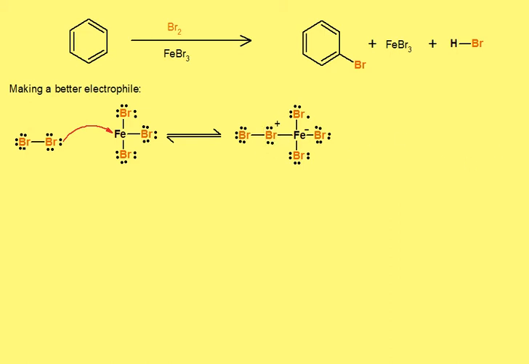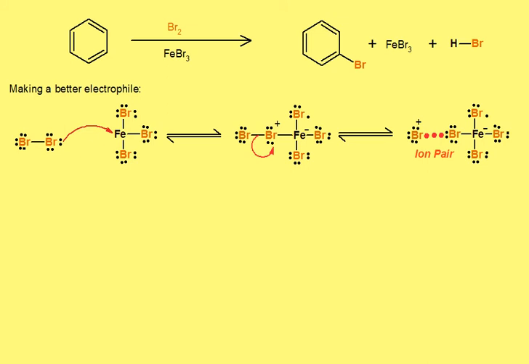Bromine being more electronegative, it doesn't like that, so it can break that next door neighbor bromine to bromine bond, taking the electrons, and we finish up with this ion pair between the bromonium ion that's formed and the iron tetrabromide anion. Now that bromonium ion is a much better electrophile because it's so electron needy with that formal positive charge.